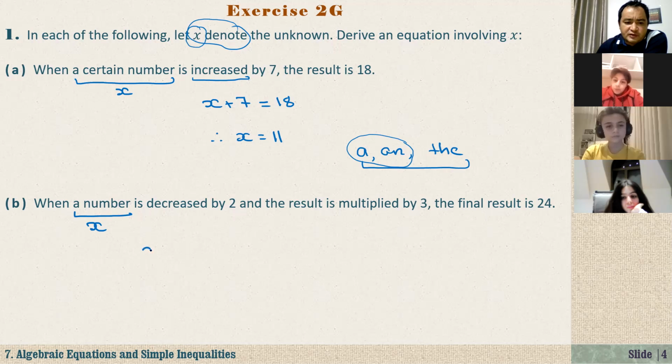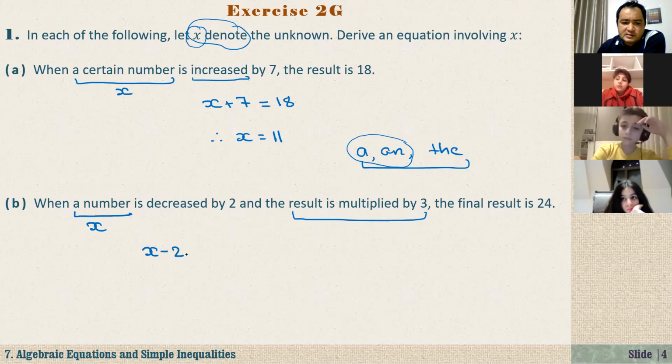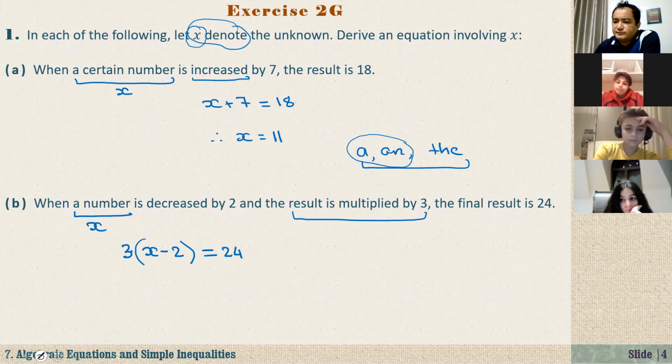So first I have to decrease by 2. So that is x minus 2. I'm decreasing x by 2. And the result is multiplied by 3. This is the second step. That is our result, and we are multiplying this by 3. And the final result is 24. Now we have to solve this equation.